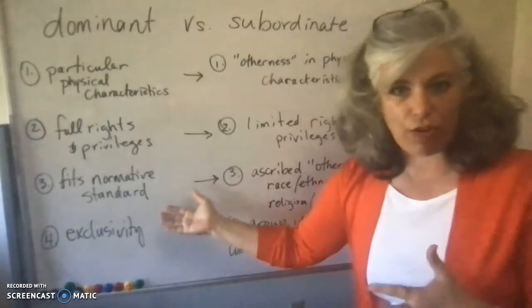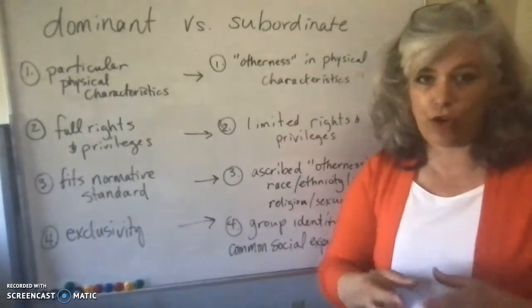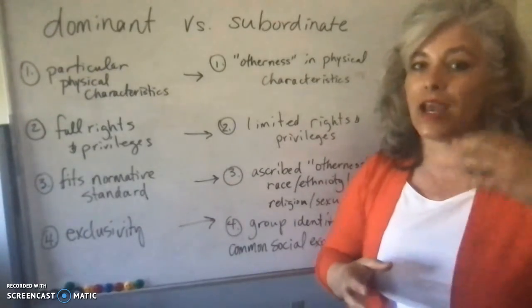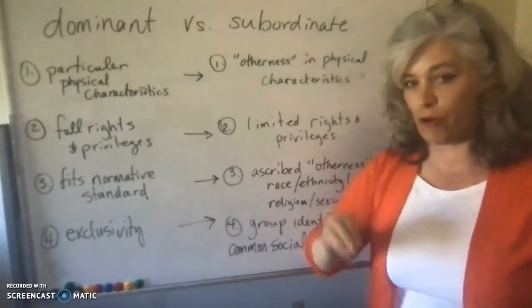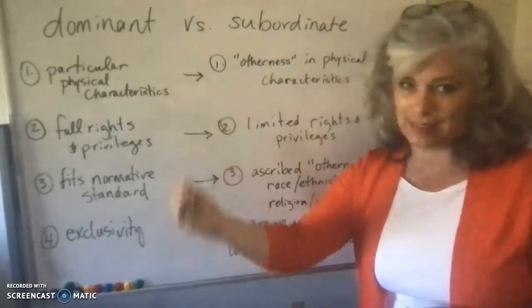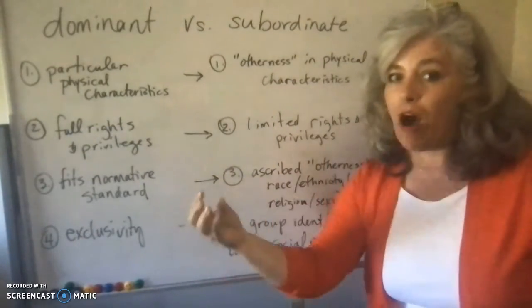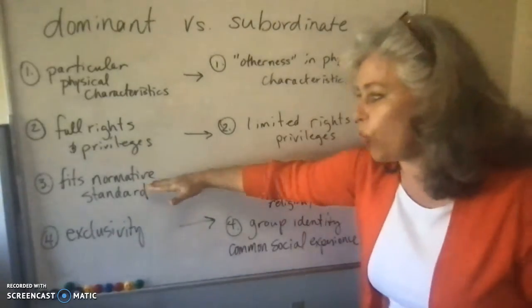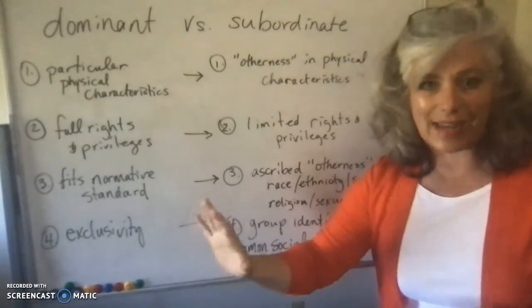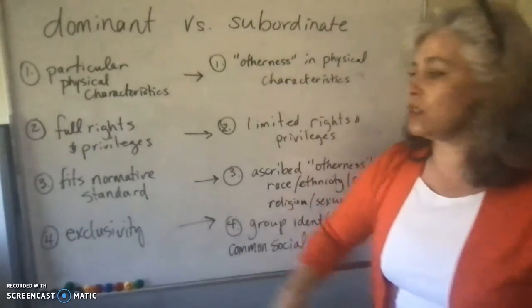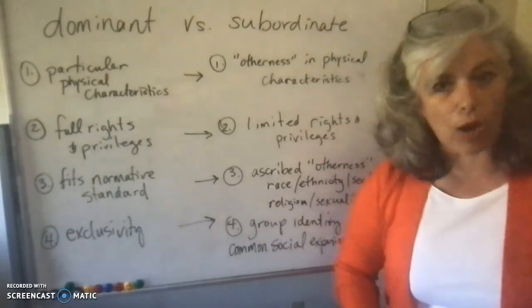A religion is another thing that could be a normative standard. For instance, the United States is seen as a Christian nation. Saudi Arabia is seen as an Islamic state, and therefore Islam is the dominant normative standard in that nation, and Christianity is the normative standard in our nation.